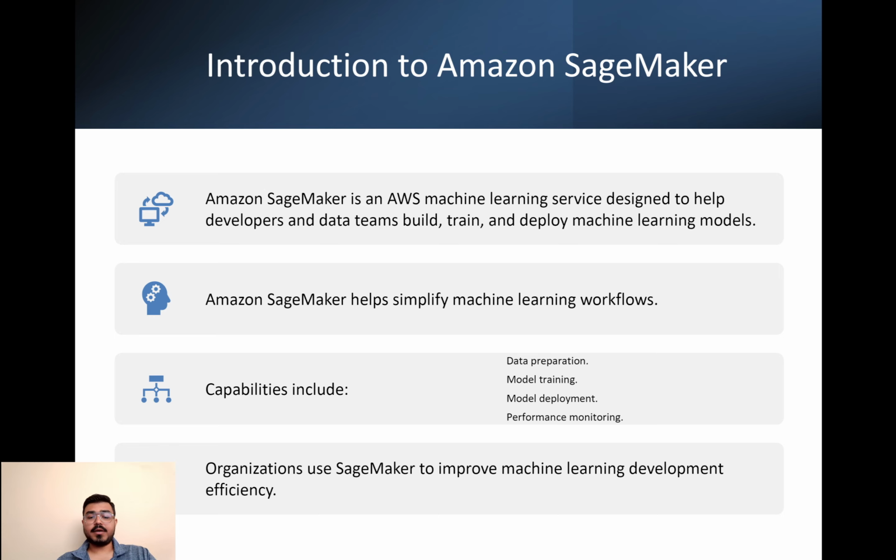Organizations can deploy trained models into production environments. Another capability is performance monitoring. Teams can monitor model behavior and evaluate performance over time. Amazon SageMaker helps organizations improve machine learning development efficiently while reducing operational complexity.